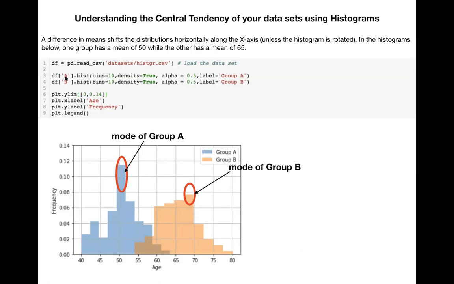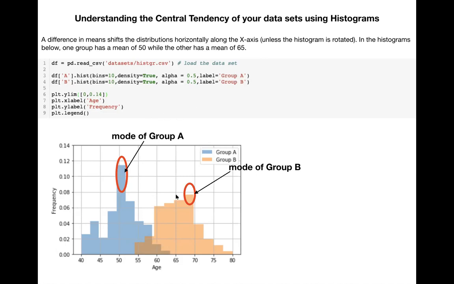I'm using two histograms: one for data column A, the other for data column B. Each has 10 bins, with density equals True, which means I'm normalizing the axis by occurrence rate. Alpha sets the panels to be transparent, and I label them this way.